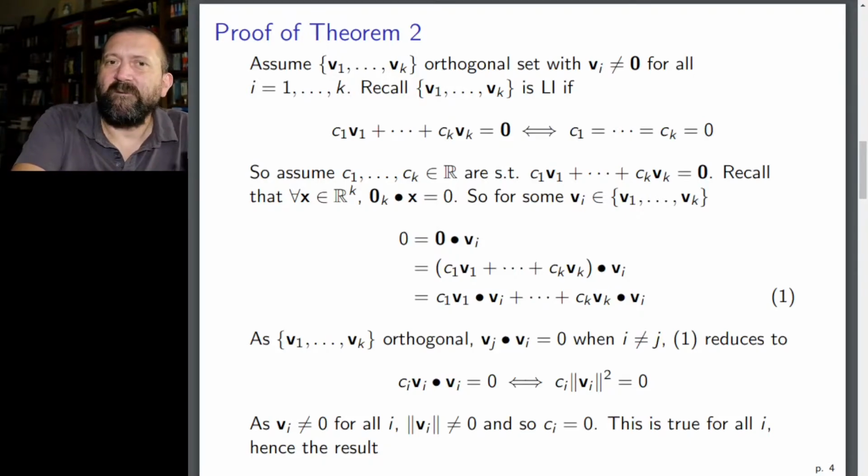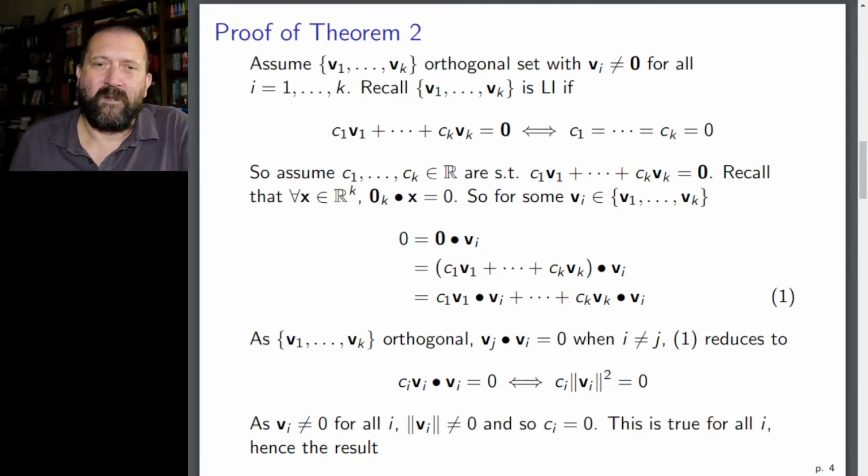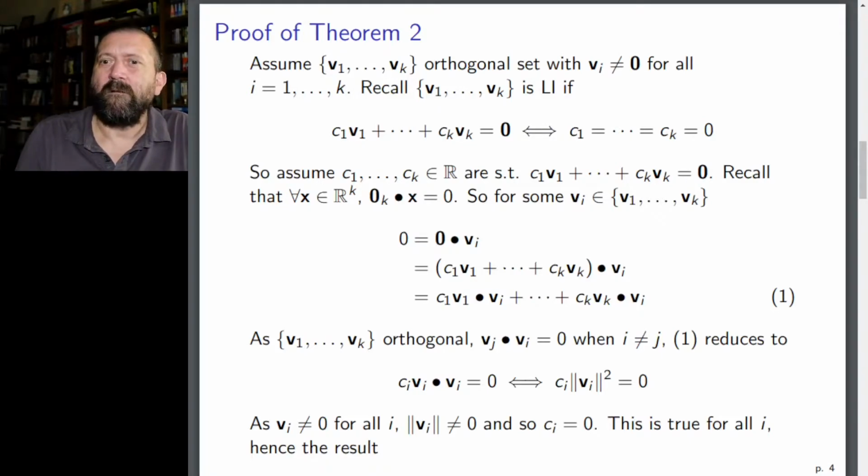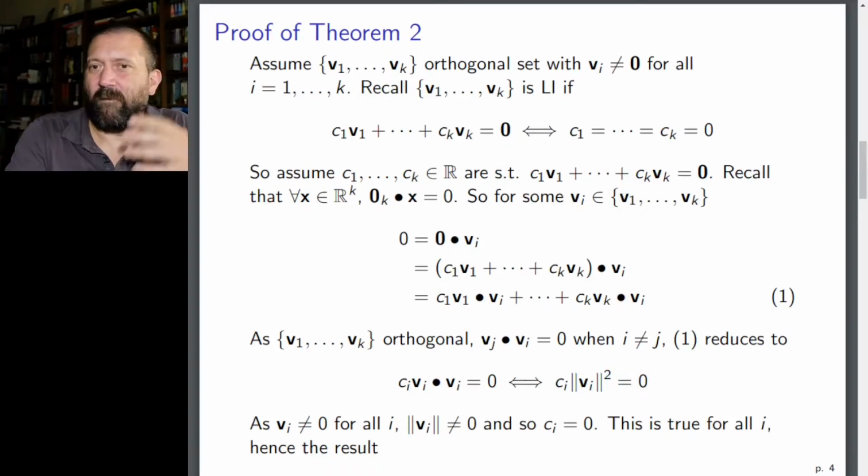And this is equivalent, if you recall, when we were doing the review of first year linear algebra, that Vi dot Vi is the square of the norm of Vi. So this is what I'm writing here. This whole equation boils down to Ci times norm of Vi squared is equal to 0.